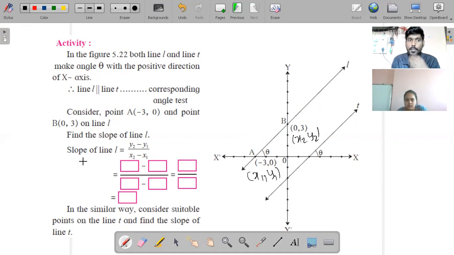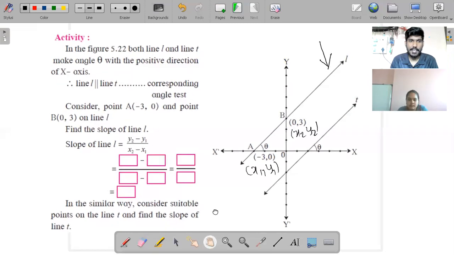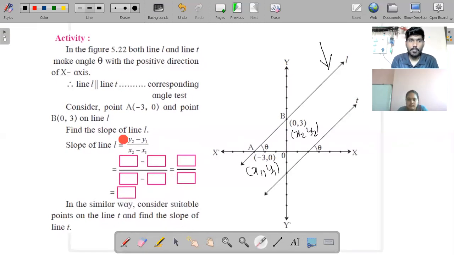Now they're using the formula for the slope of a line. Slope of line L is y2 minus y1 upon x2 minus x1. So substitute it. What is y2? 3. Minus, what is y1? 0. So 3. What is x2? x2 is also 0.